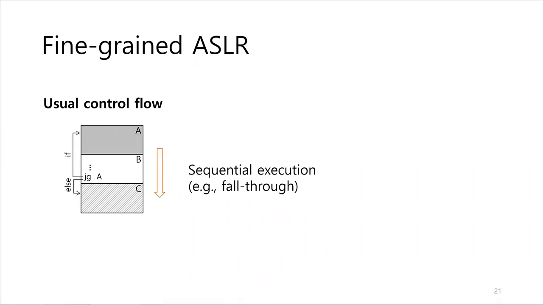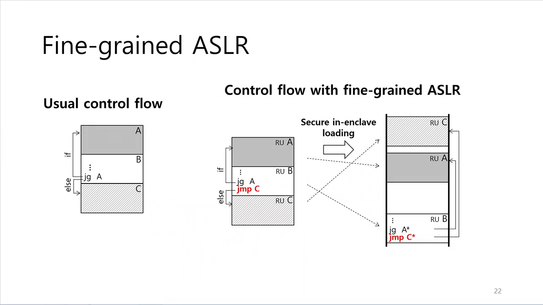In user control flow, we expect a program to be executed in sequential order, except when there is a branch. On the other hand, when we conduct fine-grained ASLR, since we move each randomization unit to a random place, at the end of the previous randomization unit, if it just executes the next instruction, then it will execute some invalid instructions.